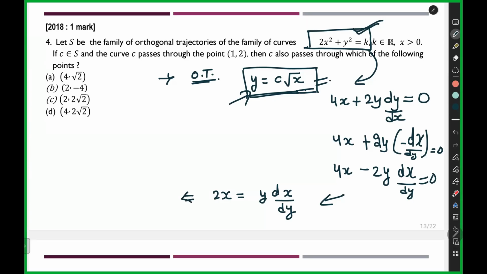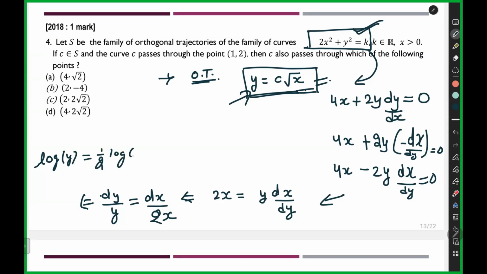It is dy upon y equals dx upon 2x. So we should write it as log of y equals 1 by 2 log of x plus c. You can simply take this new constant as log c.